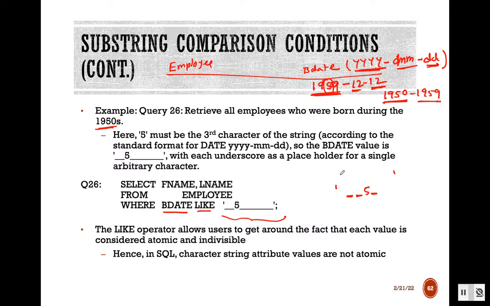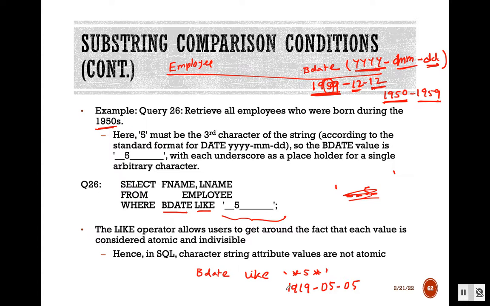So let's see what happens if we write bdate like asterisk 5 asterisk. If the pattern is like that, it is going to find a match wherever we have a 5 in our birth date. For example, if the birthday looks like 1990, 05, 05.